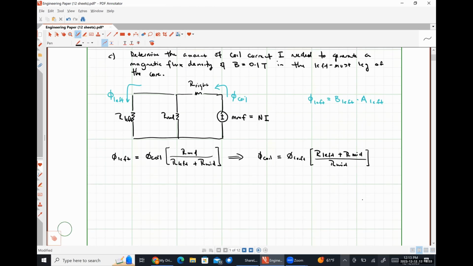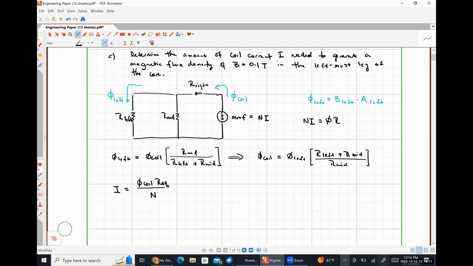Now, using Ohm's law for magnetic circuits, which is our voltage, so our MMF NI is equal to our flux times our reluctance, we can rearrange this and find that our coil current I is equal to our coil flux multiplied by our equivalent reluctance divided by the number of turns.